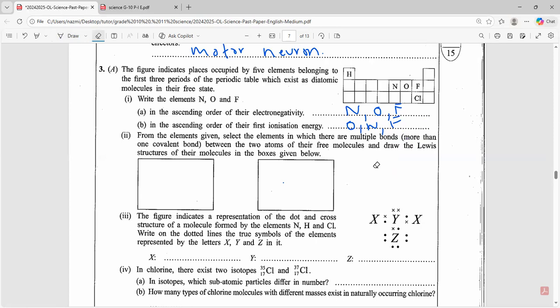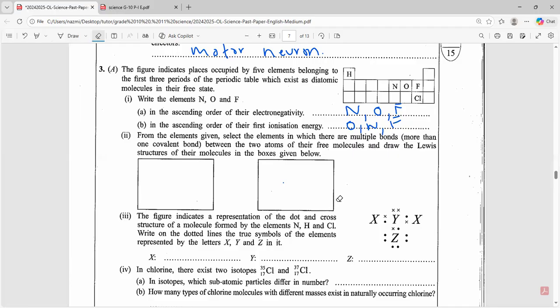From the elements given, select the elements in which there are multiple bonds between the two atoms of their free molecules and draw the Lewis structure of their molecules in the boxes given below. So what you have to do?